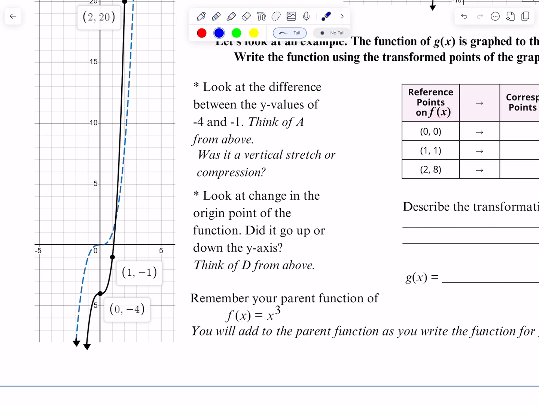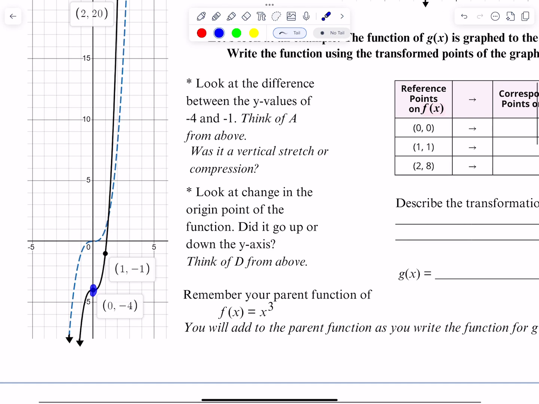Zero, negative 4. Very excellent. This is the home point for the black graph. It moved. This up here, that's the home point for the dotted, but for the solid, this is the home point. Does everybody understand that so far?